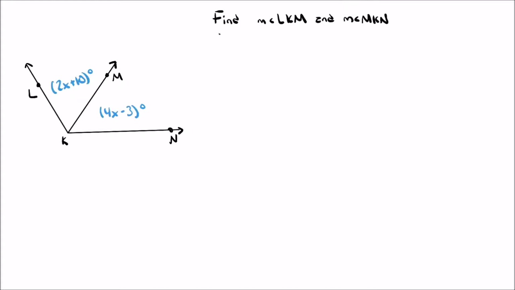And we are given the fact that angle LKN is equal to 140 degrees. So from here all the way to here is equal to 140 degrees. Sorry, 145 degrees.